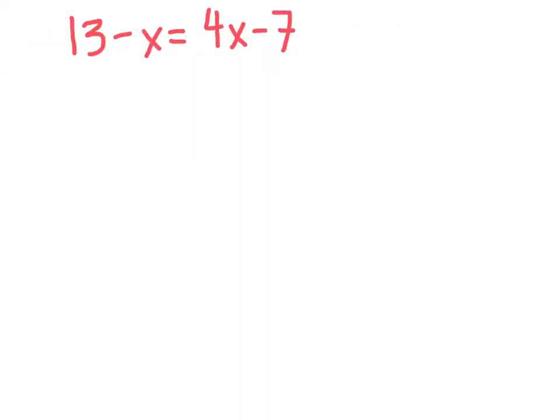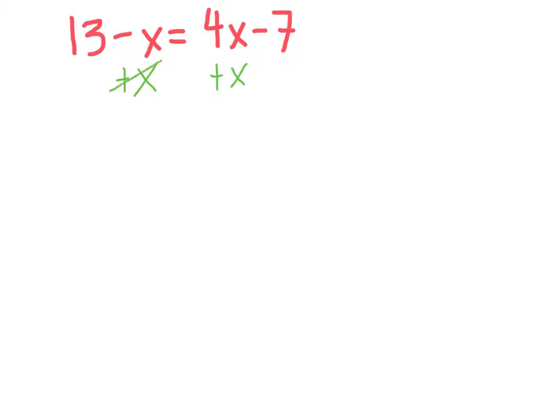Next equation, 13 minus x equals 4x minus 7. So again, I have variables on both sides. On the left side, I have just an x, which means like 1, and it's a negative, so it's like minus 1x. And over here I have 4x. So which is less? That negative 1x. So I'm going to cancel that by doing plus x.